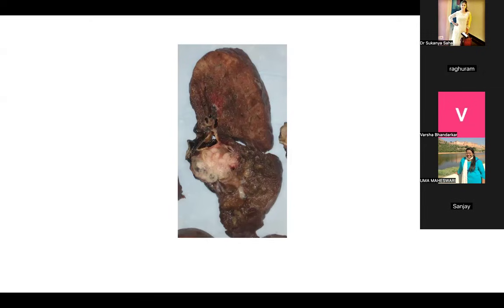So that's Keynote 671, right? Other than that, we can use durvalumab. And we can use atezolizumab, which is in the setting of adjuvant only.